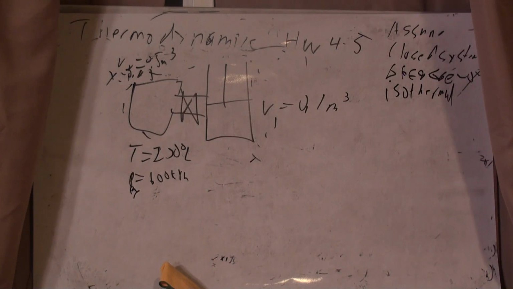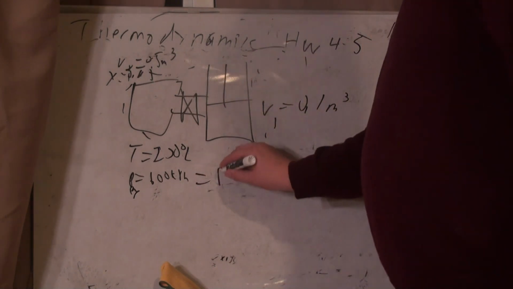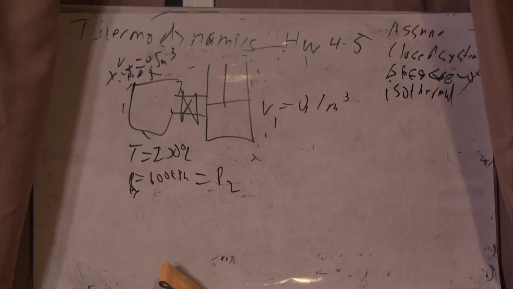Now, the final pressure of the whole system of both sections is going to be the external pressure because it maintains that pressure. And so the volume's going to change to common equilibrium.